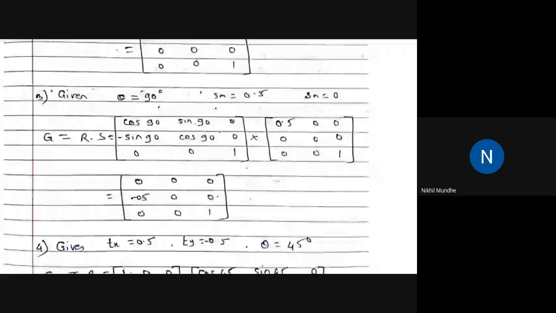You can solve it. Now suppose, friends, in matrix multiplication there is a very important note. Always you have to multiply matrices from right to left. If two matrices are there, you have to do the multiplication from right to left.